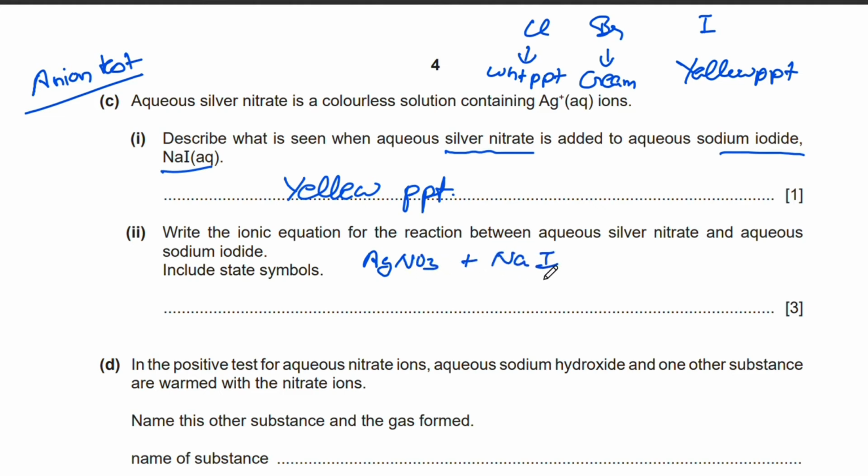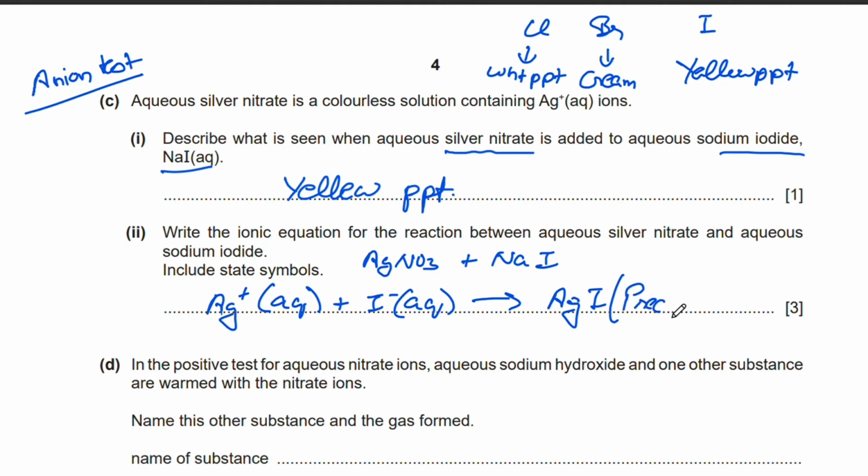So only writing the ionic equation: Ag+ (aq) plus I- (aq) gives AgI, silver iodide, which is a solid precipitate, yellow in color.